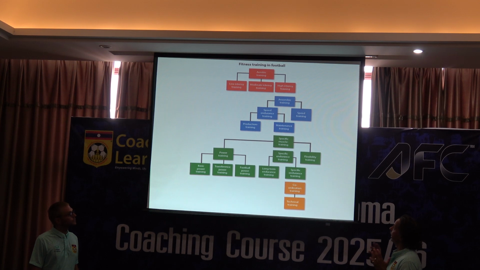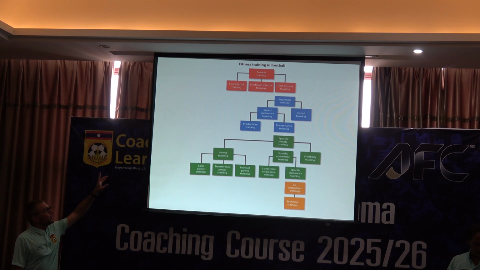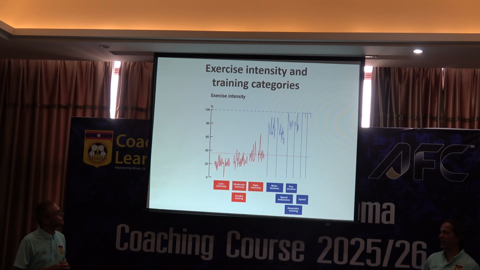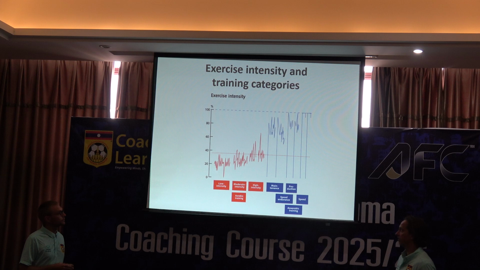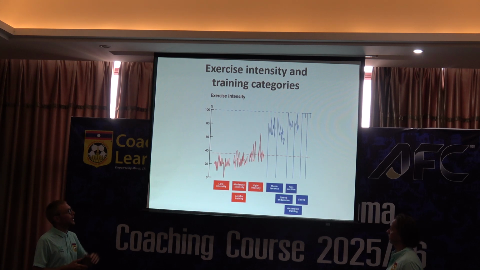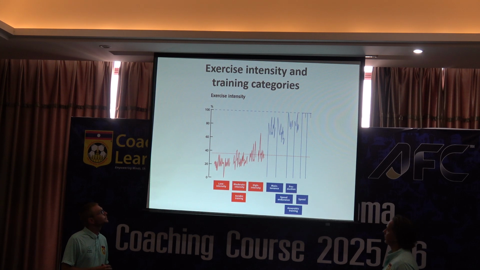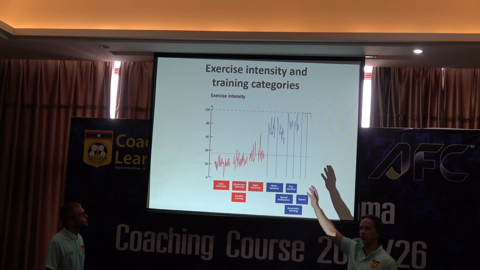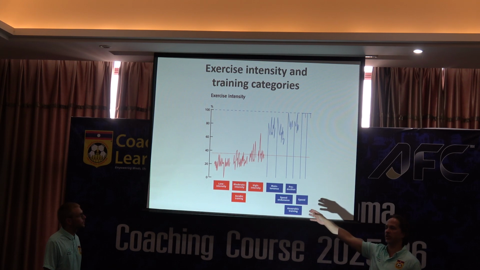So a key element in the difference between aerobic training and the three subcategories of aerobic training and anaerobic training is exercise intensity. And this slide is trying to illustrate this. So we have intensity expressed as percentage of maximum intensity.